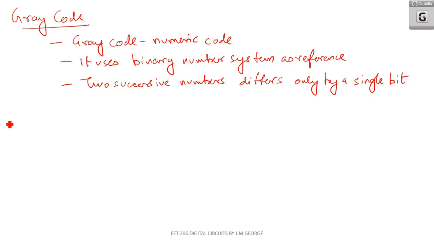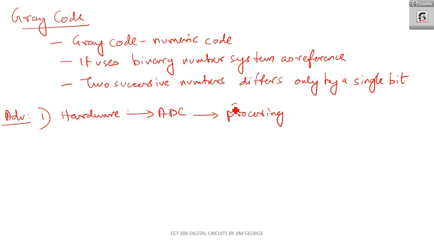Okay. The advantages of gray code. First one. Suppose if you are using a hardware and you are using some analog to digital converter. Okay. So to feed it to the digital processing circuit, a corresponding binary pattern will be generated.